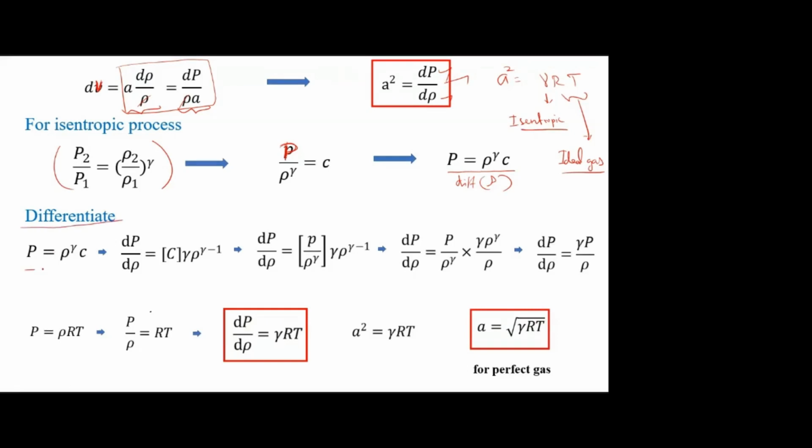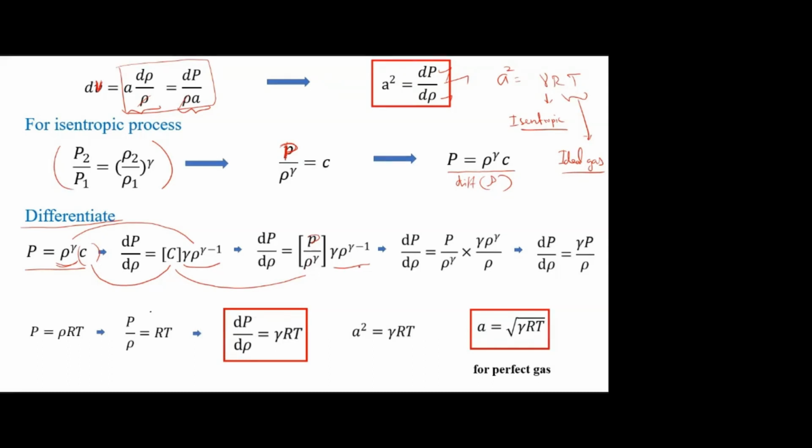This C is constant, and rho power gamma is like x power n. If you differentiate, you will get n into x power n minus 1. Then instead of this C, I'm going to substitute P divided by rho power gamma.